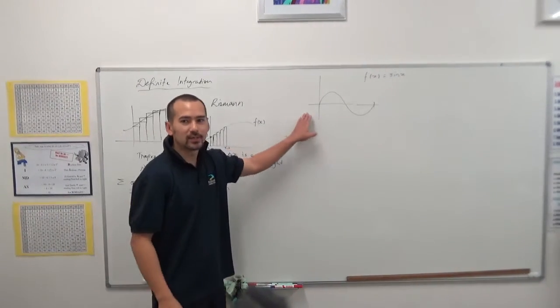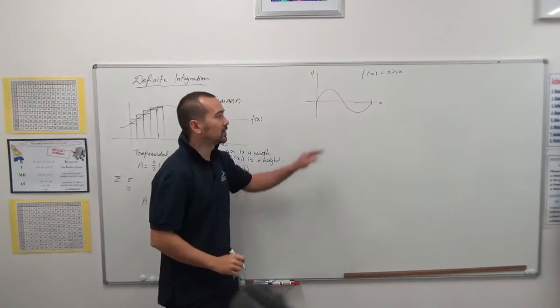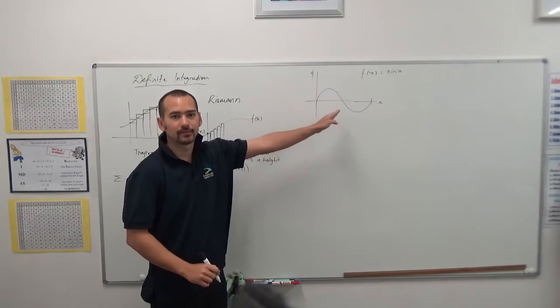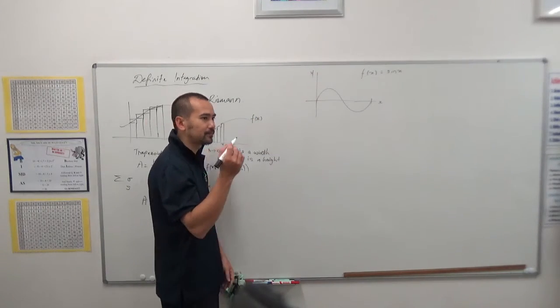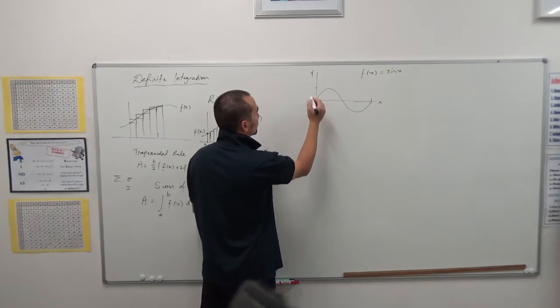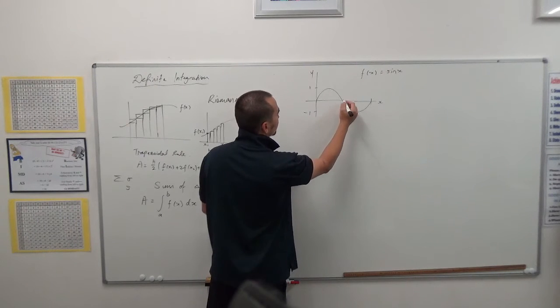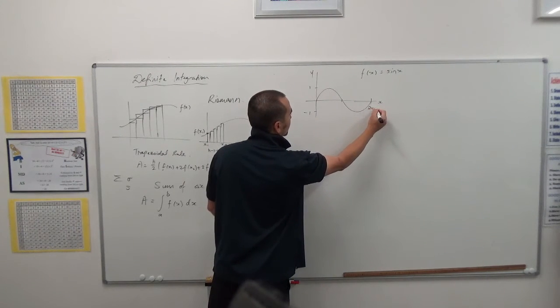Now, help me finish off this graph. What are the values for the x and y axis? Start with the y axis. What goes here and here? 1 and -1. And on the x axis? Pi on 2 and pi.